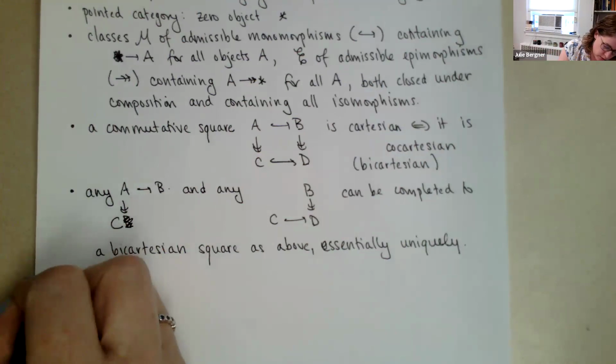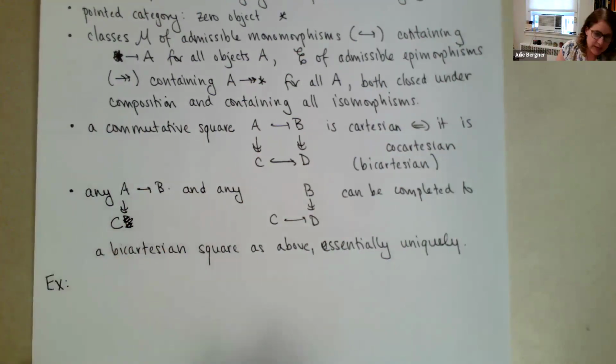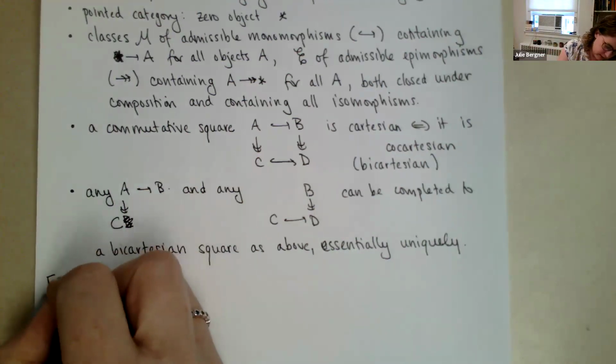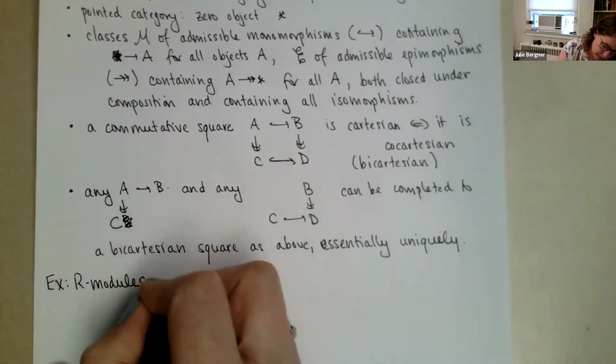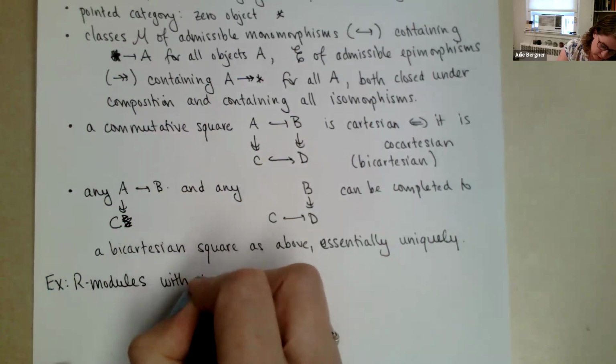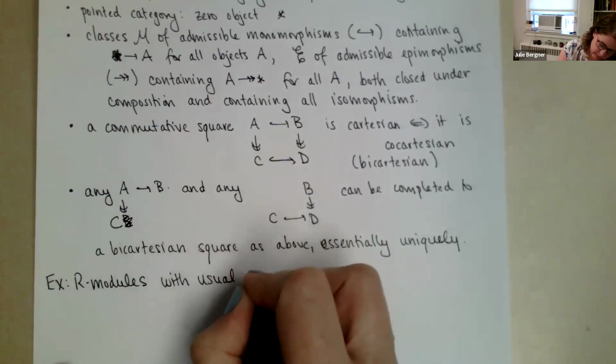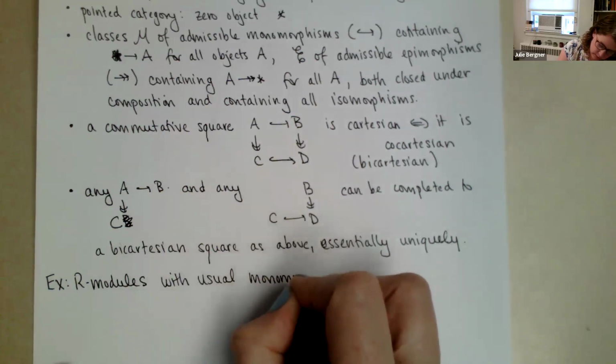Okay, so the canonical example of this is if you take R modules, really an abelian category, with the usual monomorphisms and epimorphisms.